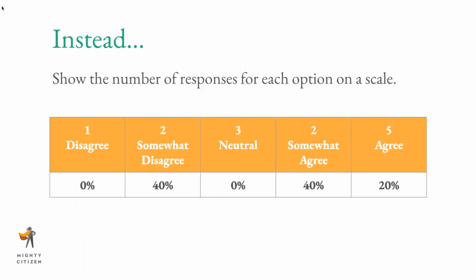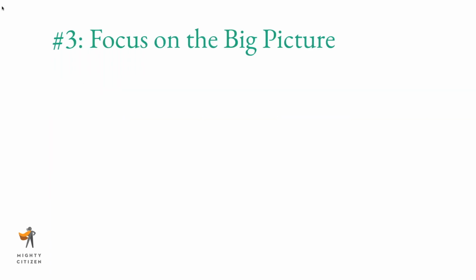Instead, this is how you want to show your responses to a scale question: by the number. So 40% somewhat agreed, 20% agreed, 40%. That'll show any discrepancies or disparate information much better than an average.